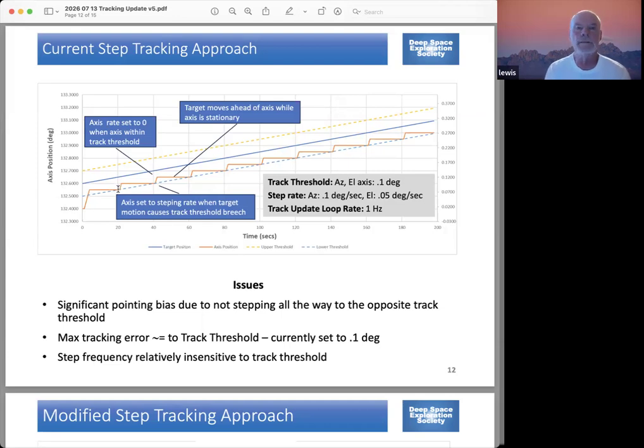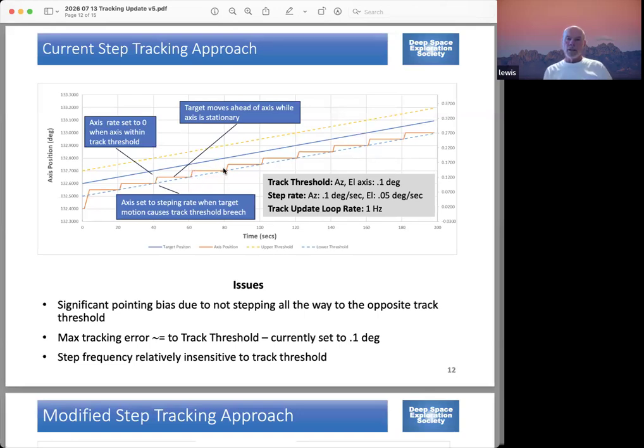At that point, we turn the mount on and step it until it's inside the threshold. So that's what you'll see in this curve. It steps, drifts, steps, drifts.